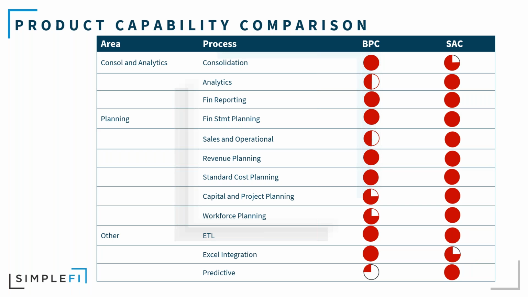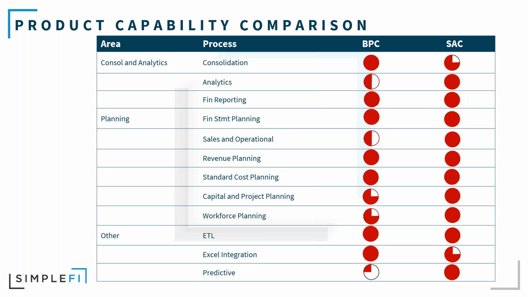Of course, we could do some of that in Excel, but SAC has a slicker web interface to easily drag and drop objects and widgets, and connect and align those with the data sets. It's a pretty easy self-service tool.